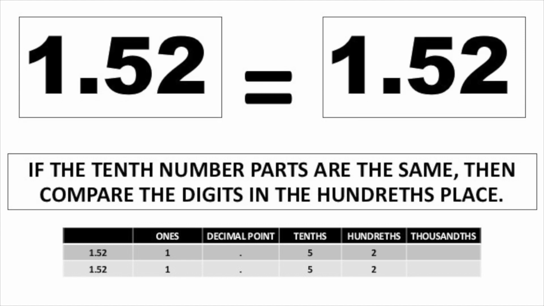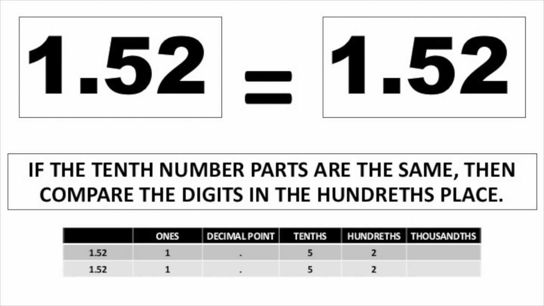If the tenths number parts are the same, then compare the digits in the hundredths place. Yes, what we do, we keep moving along the decimal points. So what number can you see in the hundredths place here? 2.